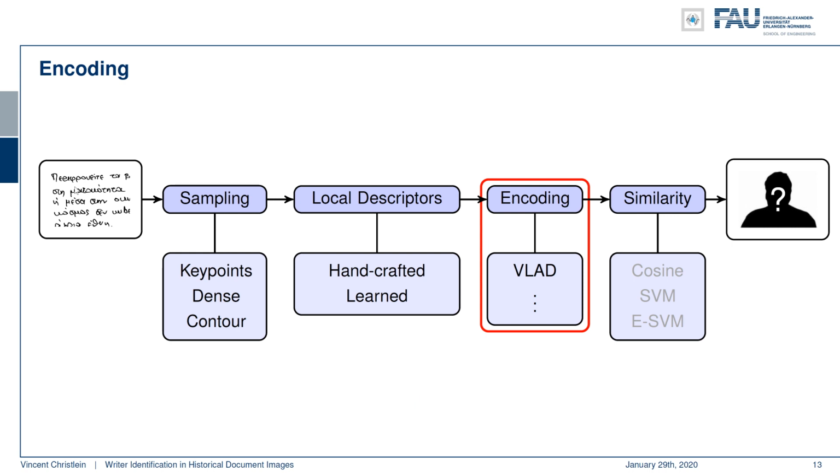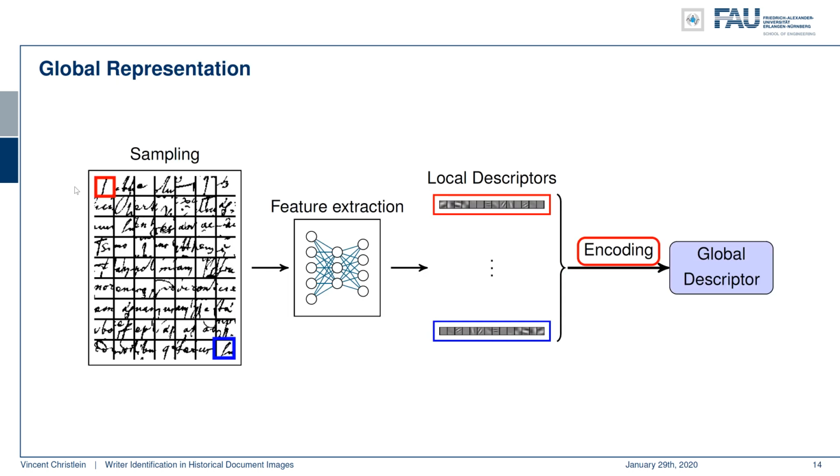The last or penultimate step in this pipeline would be the encoding step. If we have small patches, as in this example, and I extract local descriptors with my favorite architecture, then I need somehow to combine them.